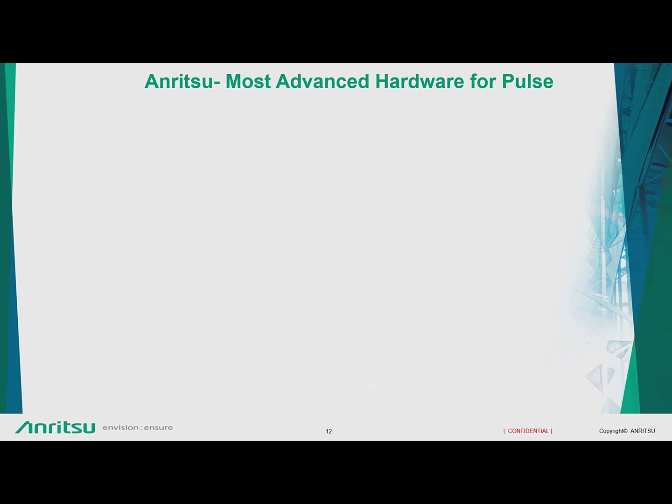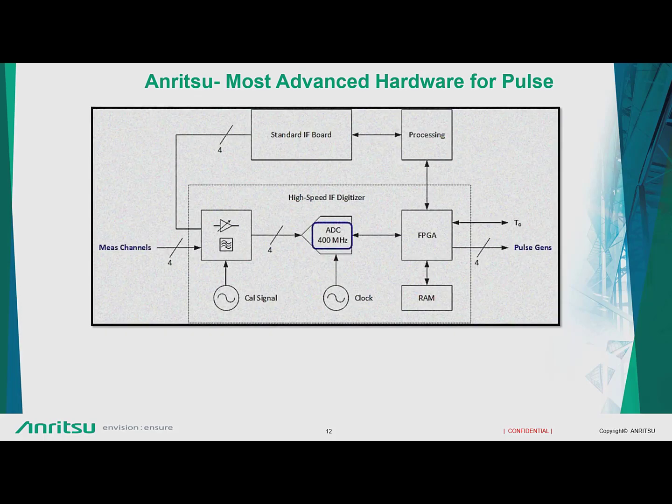To cater to all these applications, Anritsu introduced a new option, and in fact, to be honest with you, it's not a new option. It has been there for a very long time, but since the radar industry has now grown to the extent that it has, we thought we would revisit these things. Anritsu has something called an IF digitizer option, and you can see that we are using an ADC of 400 megahertz, which gives you 200 megahertz of IF receiver bandwidth.